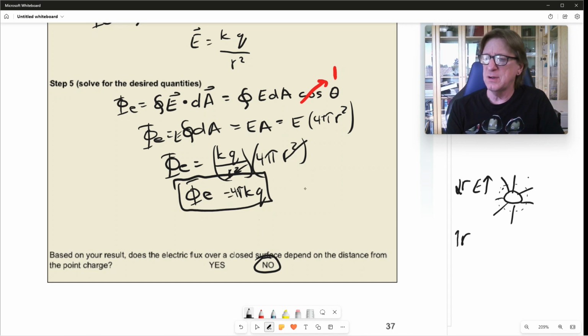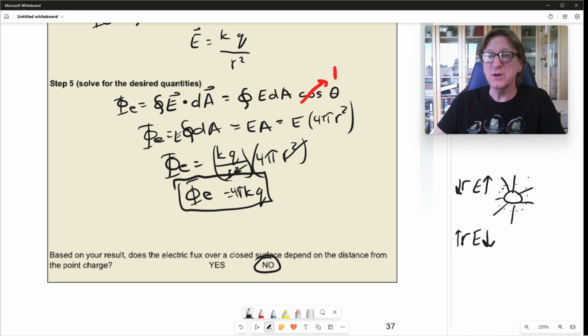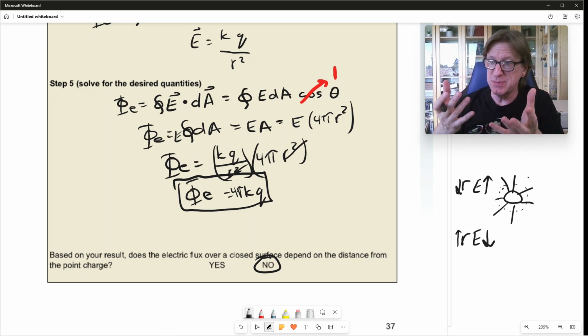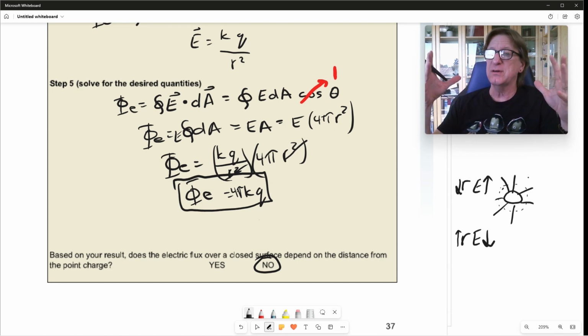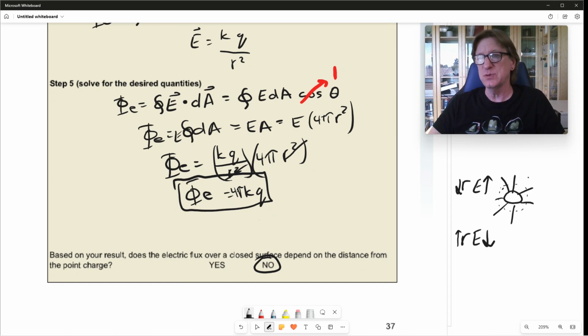As R increases, the electric field decreases. And it just so happens that because it's an area, we're talking about R squared instead of R. So it's meters times meters. So as the R squared goes up for the area, the R squared that's in the electric field exactly cancels that out. And so that tells me that the electric flux then is equal to a constant.